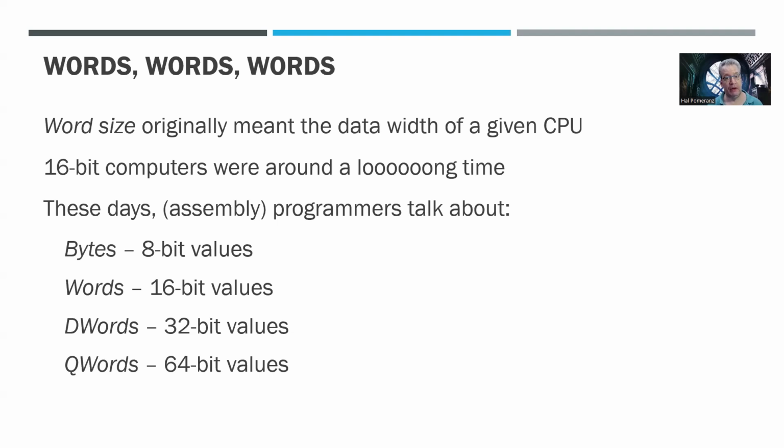Well, we talk about D words, double words, so that's 32 bits. And now that we have 64-bit processors, we talk about Q words, quad words, or 64-bit values. And yes, 128 bits are octawords. Now, we don't have 128-bit processors in general circulation now, but that's what it's going to be. It's going to be octawords.